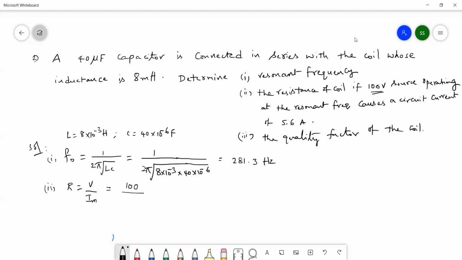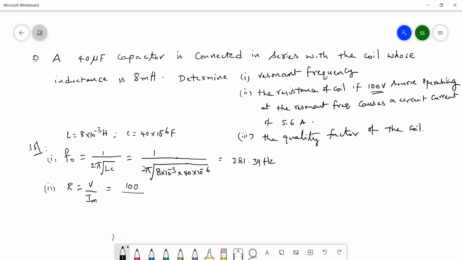That means at resonance condition. 281.4, sir. Okay, 281.3, not 3, 4, okay, that's not an issue. 281.39, 281 is enough.